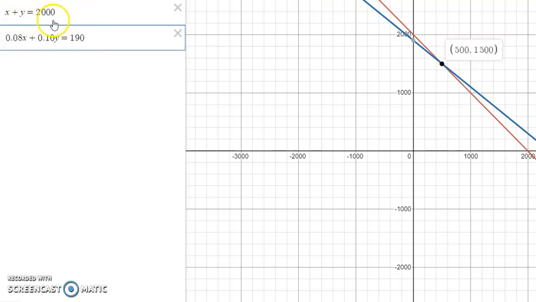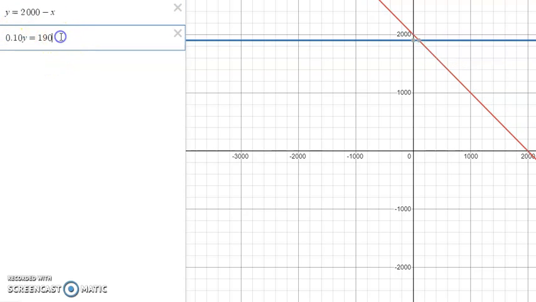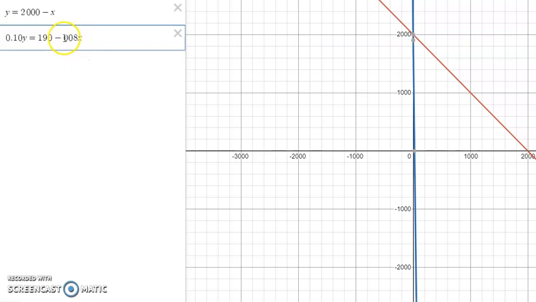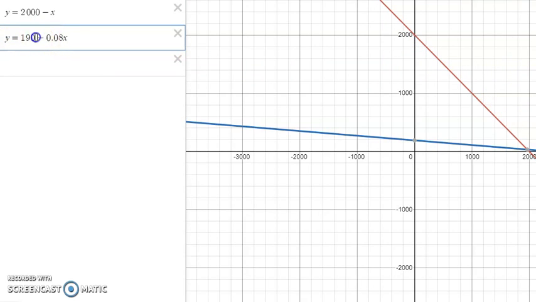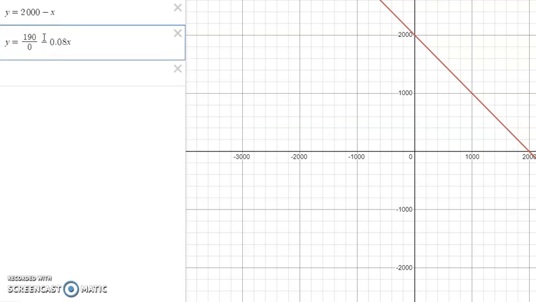Again, if you wanted to do this on your graphing calculator, you would have to rearrange the equations. So there again, I rearranged the first one, still the same value. Next one I rearrange, I take the negative 0.08x over this side. Oh, forgot my decimal. Again, still the same intersection points. Dividing that by decimal 1 to make that 1900.